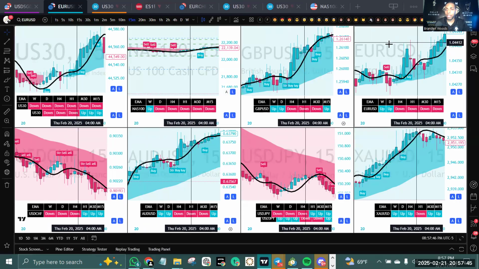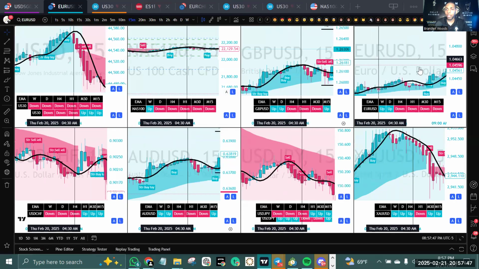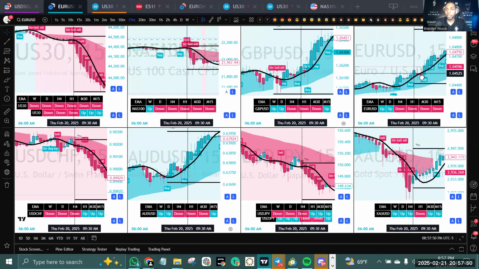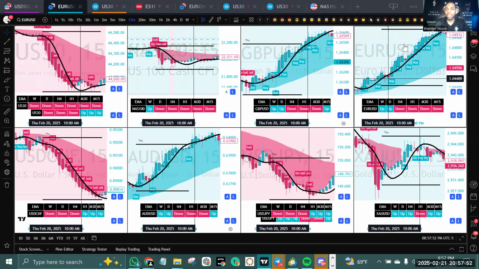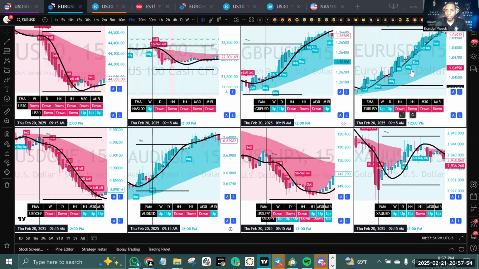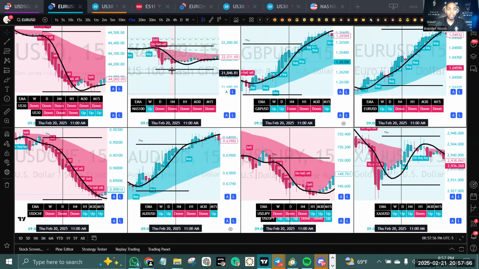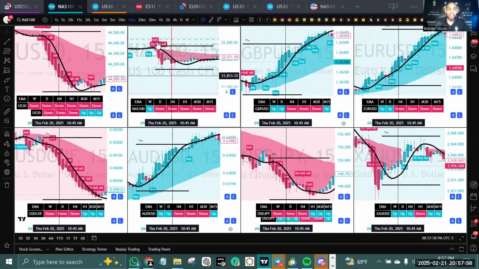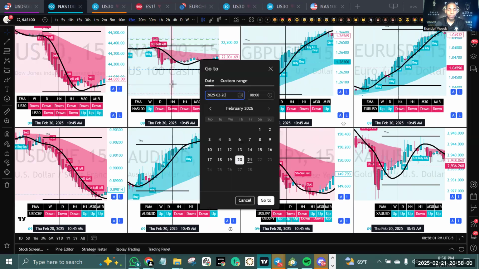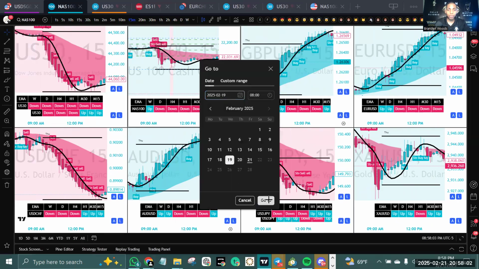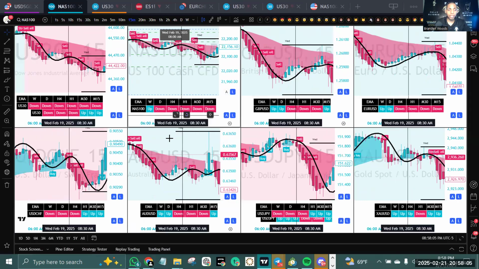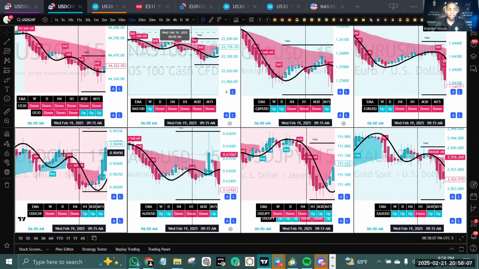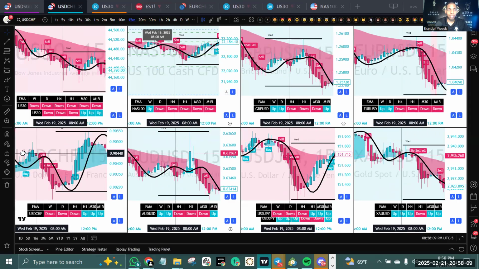Euro USD. Let's get to the gusto, and you see right in this section, it's just taking off and doing its thing, right? NASDAQ, you got your sells. So at a glance, you can see that it's working on all these Forex pairs, right? And it's working on all of these indices.